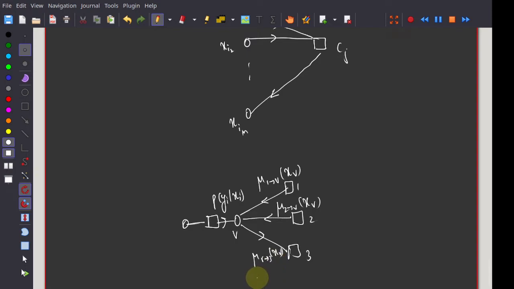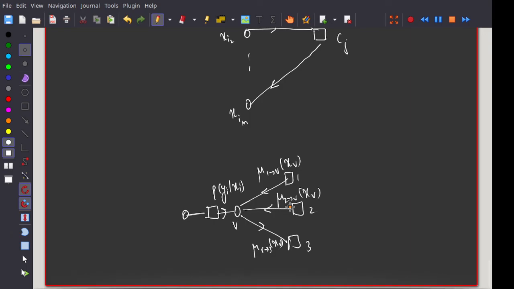So again, let's use the rule for GDL. You take the product of all incoming messages, you multiply it with the local function, and then marginalize, correct? At the variable node, you take the product mu 1 to v of xv, mu 2 to v of xv.